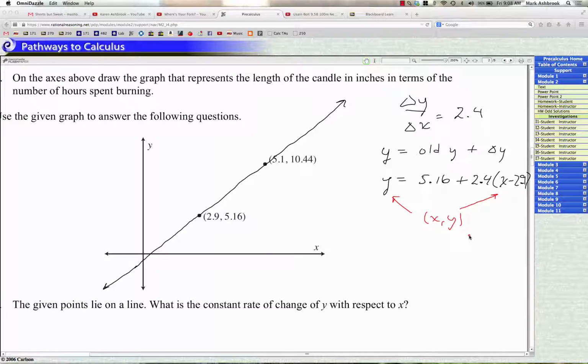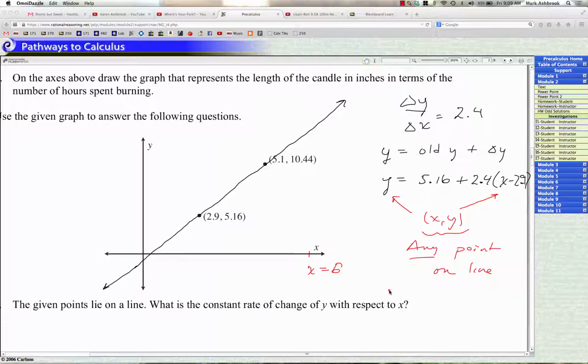Any and every point on the line. That's what it is. So with that equation, we represent the whole line. Where (x, y) is any point on the line. Because if you come along here, we've got an x here. Say x equals 6. If I put x equals 6 into that equation, I'm going to get a value of y.